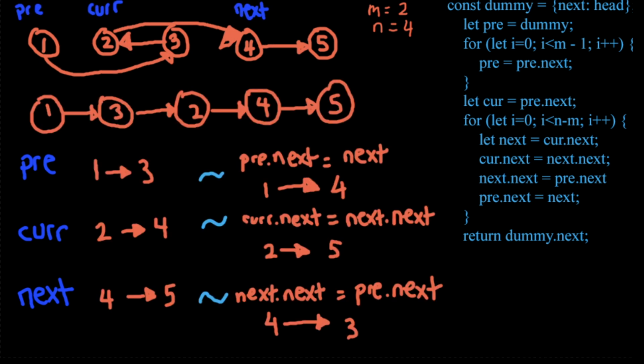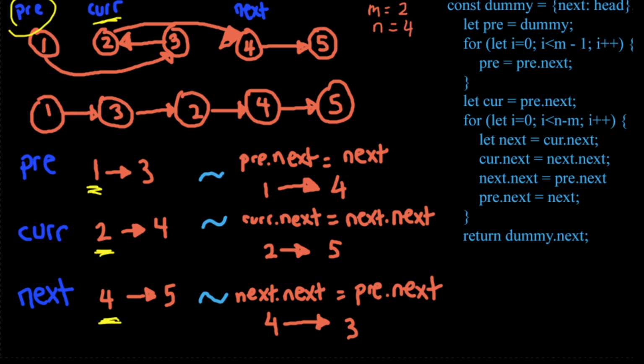All right, so I already drew some of the arrows here. You have pre, which never moves, cur, which is technically the same node, just kind of in a different spot, right? So when you start this stage, pre is still 1, cur is still the second node, number 2, and next is 4, okay?